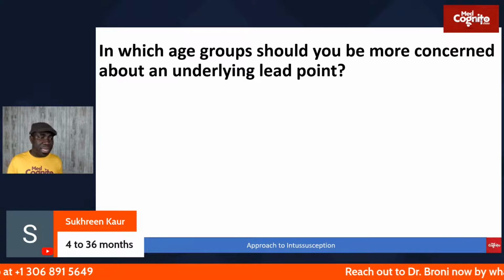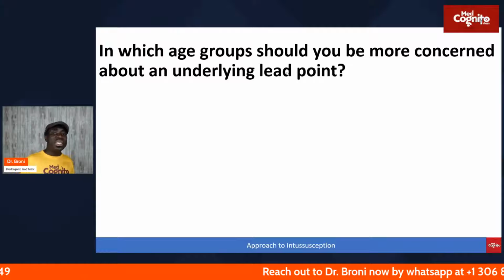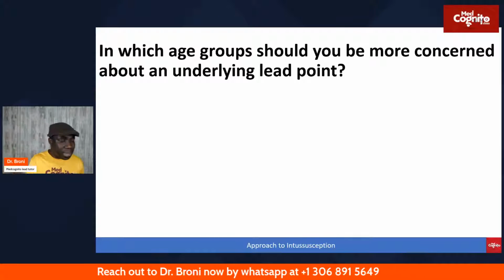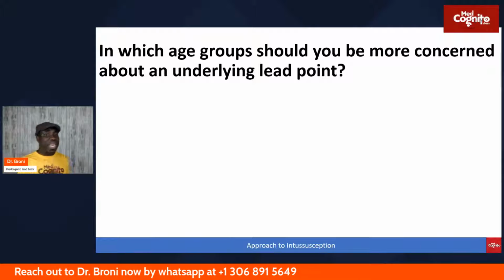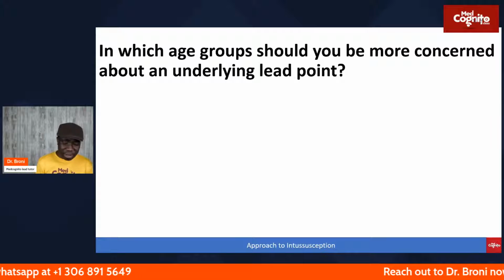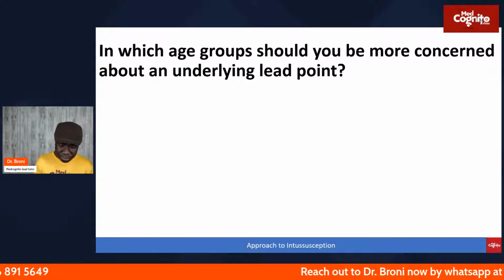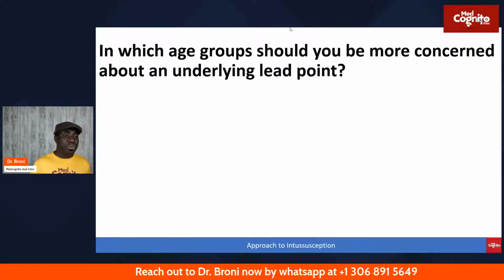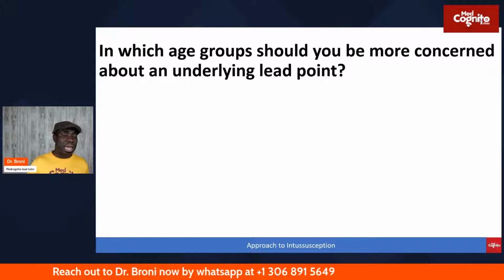Beautiful. Let's move on to the next one. In which age group should you be more concerned about an underlying lead point? Type in your answer.